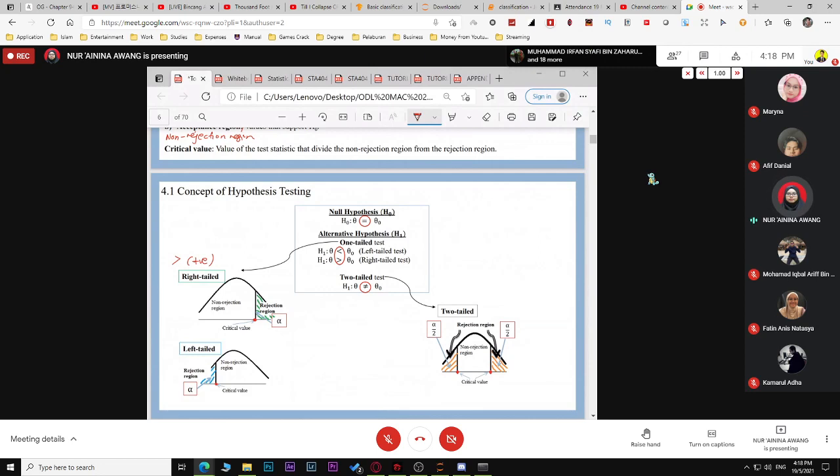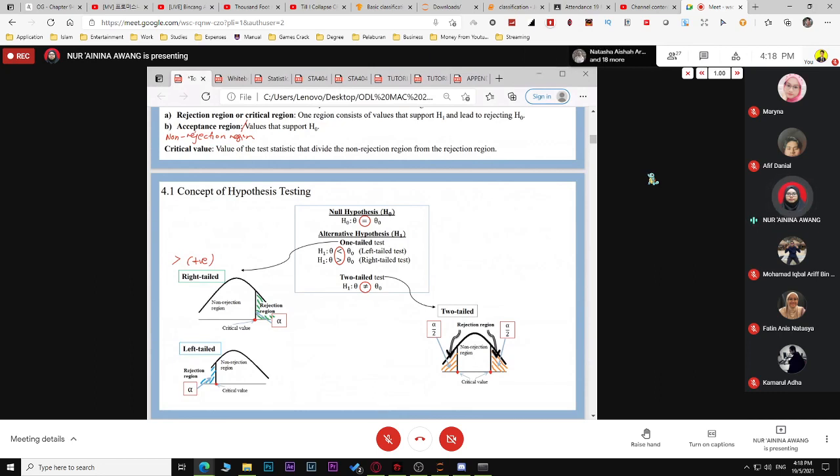So this is our distribution, and then this is our critical value. We know that critical value is the value that divides the non-rejection region from rejection region. So how do we know which is rejection region and non-rejection region?